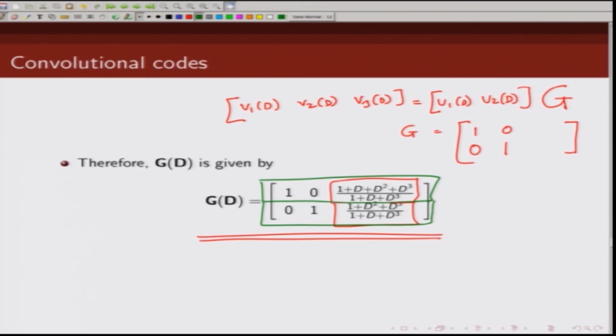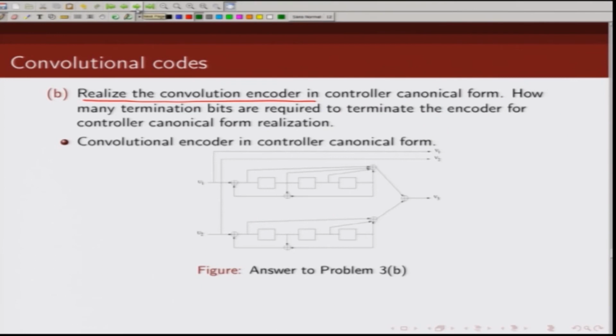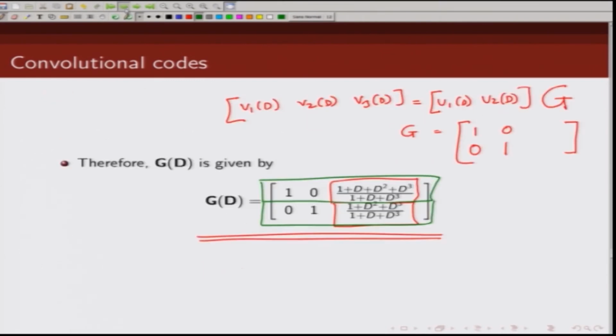So, we would require a feedback polynomial, and the maximum degree here is 3 and the maximum degree here is also 3. So, we will require two sets of shift registers. The first one is this one. Please note this has 3 memory elements, and similarly the second shift register also has 3 memory elements. That is because the maximum degree of this rational function is 3, and similarly the maximum degree of this rational function is 3. And we just implement this.